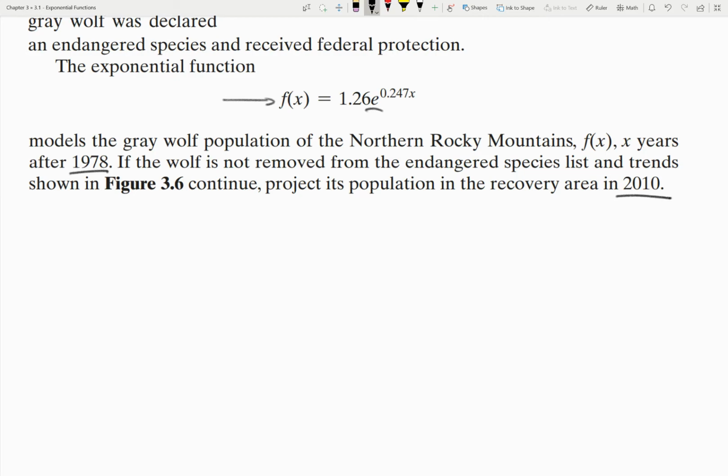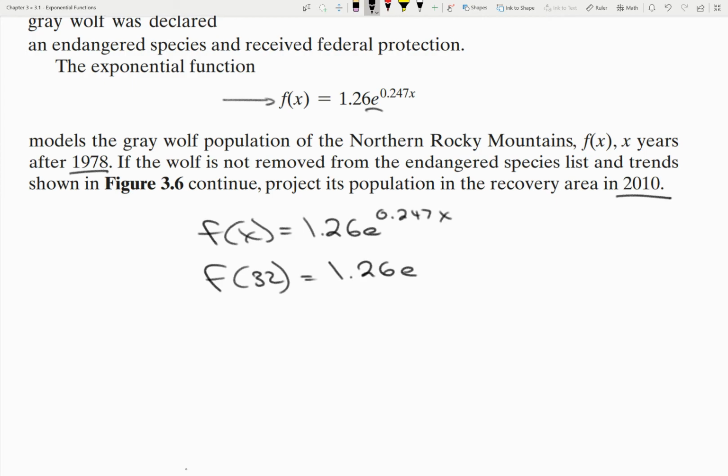Well, if x is the number of years after 1978, all we have to do, here's my function, f of x is 1.26 e to the 0.247 times x. All we have to do is find f of 32. 2010 is 32 years after 1978. So that's 1.26 times e to the 0.247 times 32.